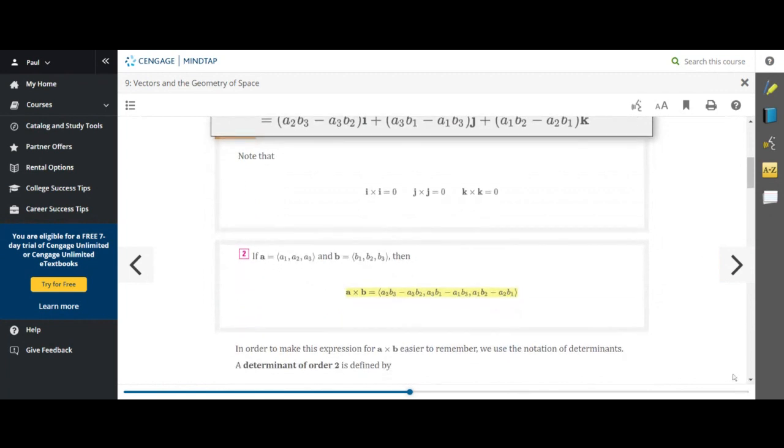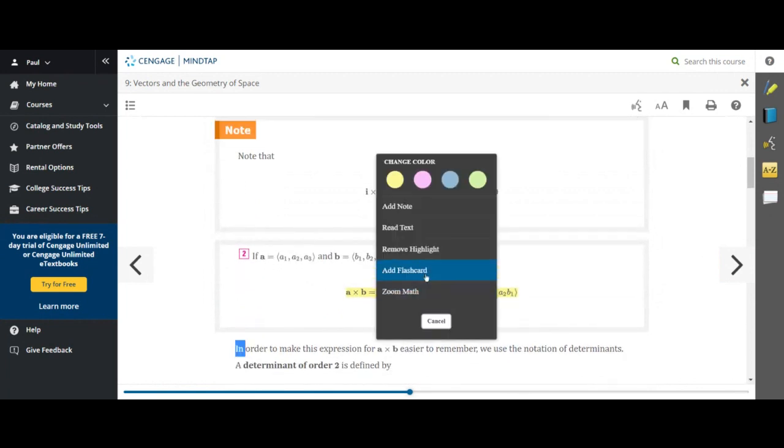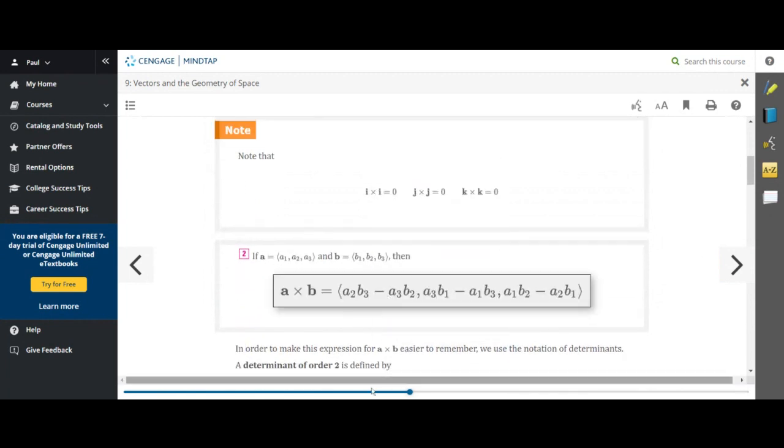If you want formulas to find the components of your cross product vector, these are the formulas. The first component is A2B3 minus A3B2. The second component is A3B1 minus A1B3. The third component is A1B2 minus A2B1.